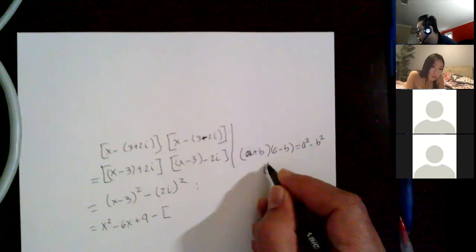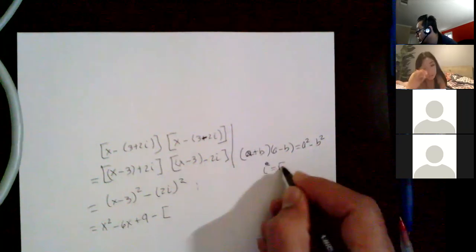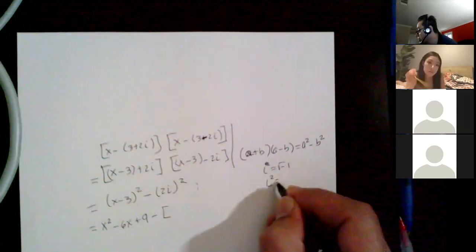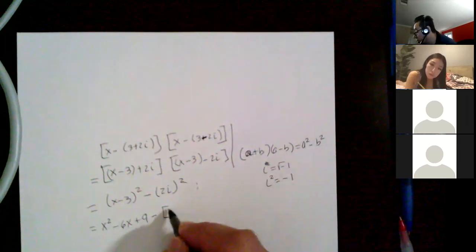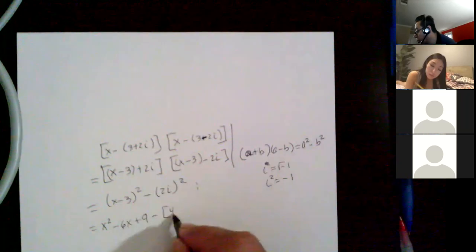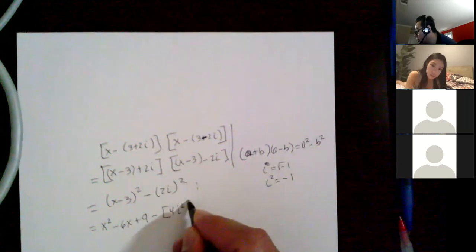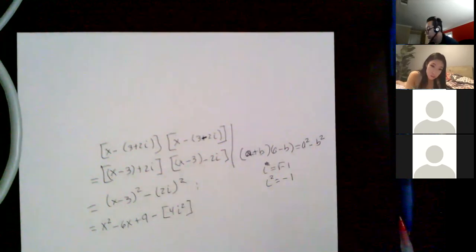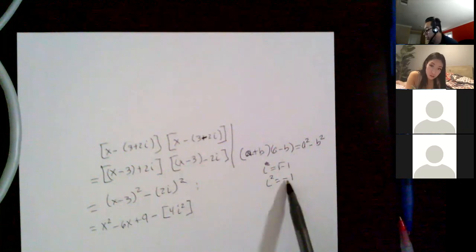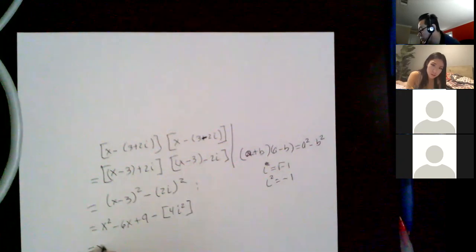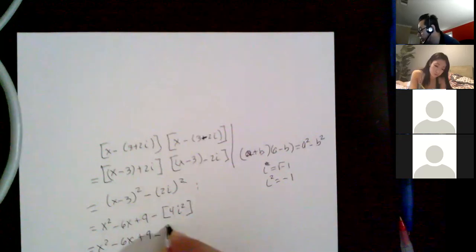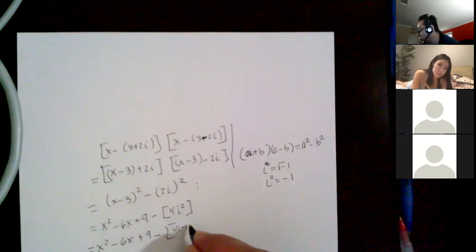But remember that i is equal to the square root of -1, and i squared is equal to -1. So here, 2 squared is 4i squared. But i squared happens to be -1. I'm going to substitute the i squared by -1 here. So now what we have is x squared minus 6x plus 9 minus 4 times -1.